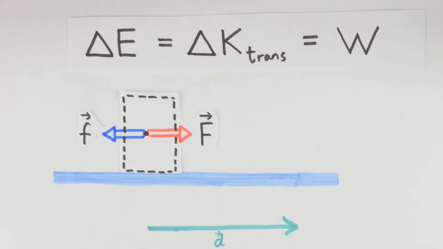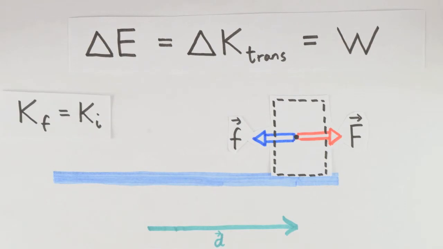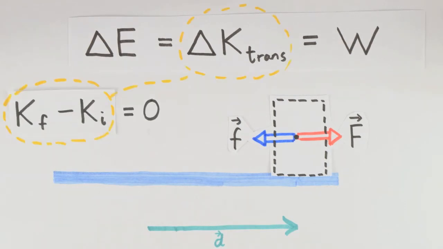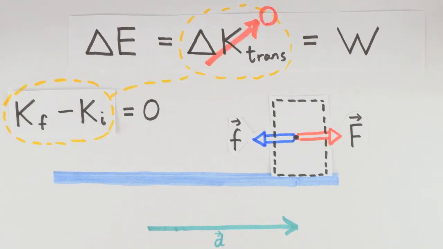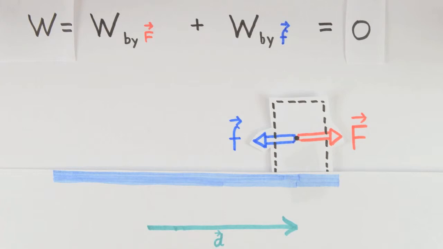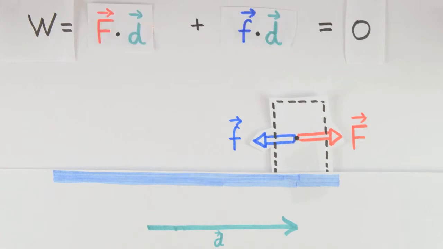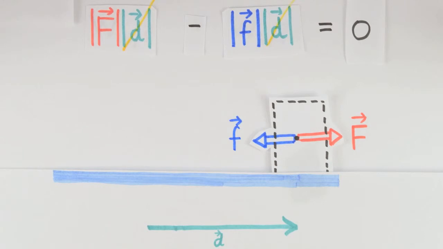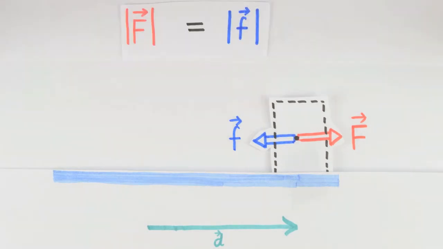We know that the block is moving at constant speed, so the change in translational kinetic energy, K trans final minus K trans initial, is 0. This means the total work in the point-particle model must also be 0. So if we expand the work done by the pulling force and the friction, both acting through the center of mass displacement, we see that this work is 0 only if the friction force is equal in magnitude to the pulling force.